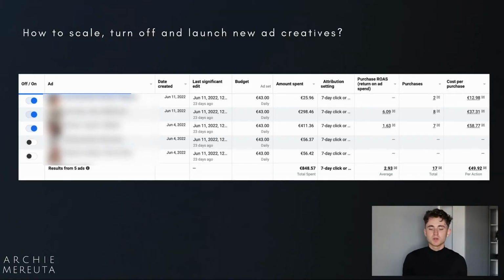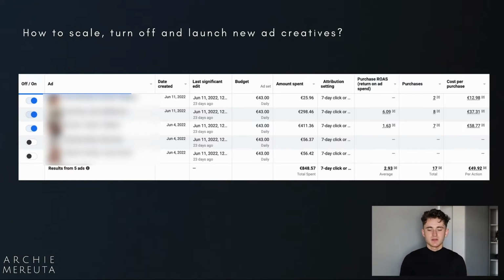So after a couple of days, after those ads have been active and they have spent, now it's time for us to optimize. When, for example, in this case, for this ad account, I know that on average, the cost to acquire that customer is around 30 to 40 euros. So the moment when you optimize, you look first of all at the amount spent and the purchases it has got.